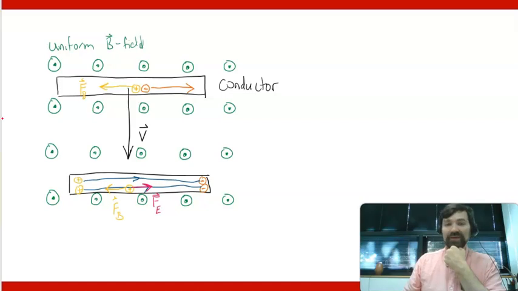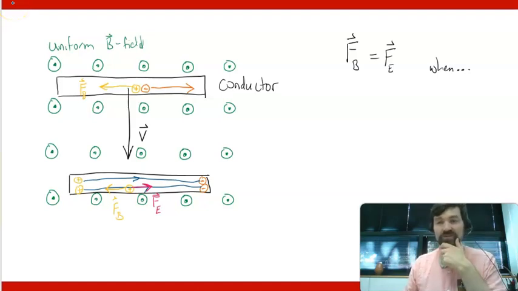Now at some point, F_E and F_B will have equal magnitude while acting in opposite directions. So F_B is equal to F_E when, in a brief calculation, we know that F_E is qE, and we know that F_B in this case is qvB.